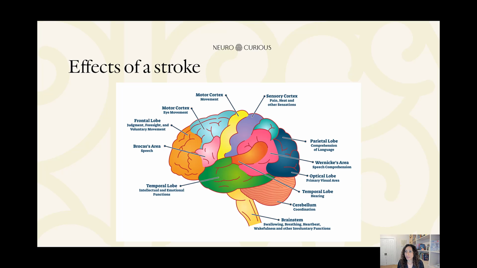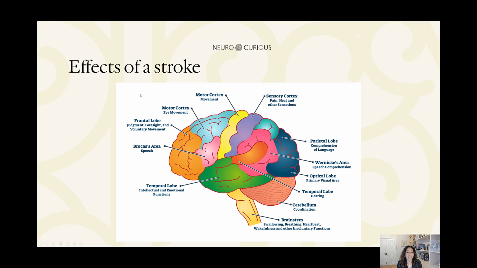So how can the same event affect different people in different ways? The answer is one of my favorite topics in neurology: functional neuroanatomy. Functional neuroanatomy refers to the relationship between brain or spinal cord structures and the function of those structures.